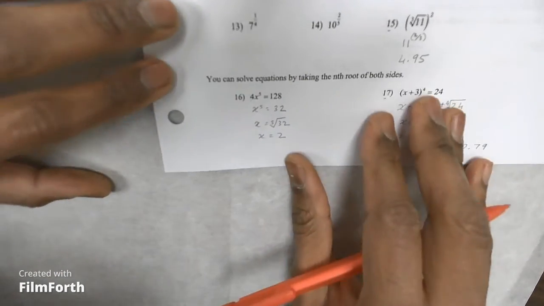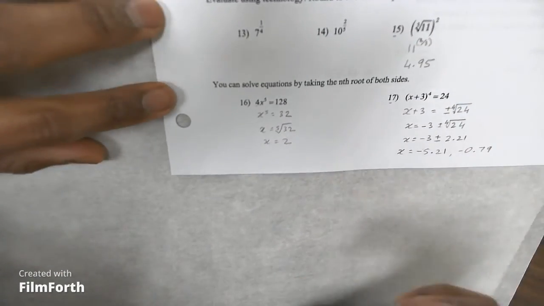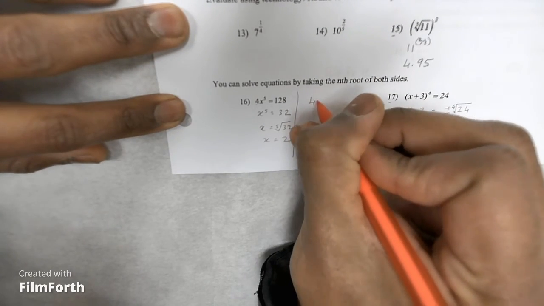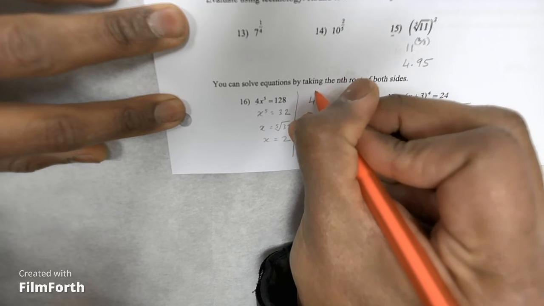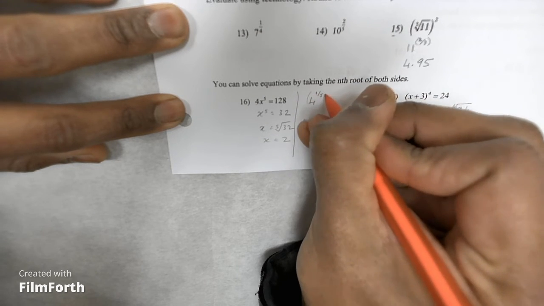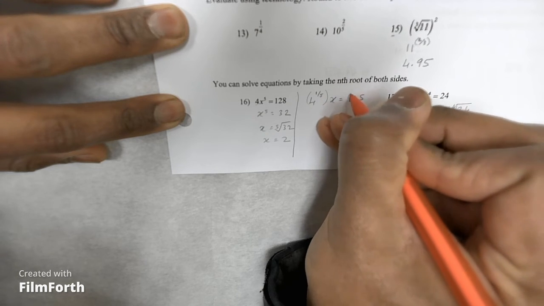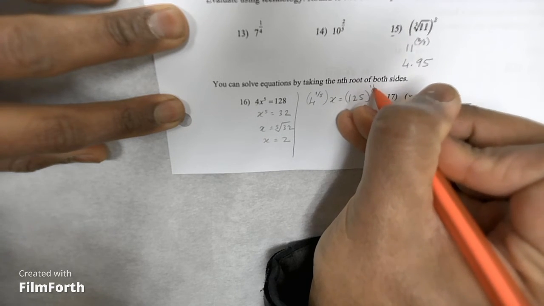As an aside, since I still have some time, I don't want to make the video too long, but if I were to do it taking the fifth root directly, I would have got this. If I took the fifth root directly, this is what would have happened.